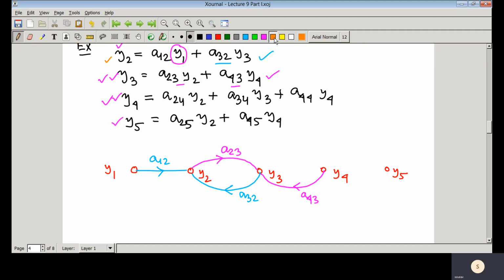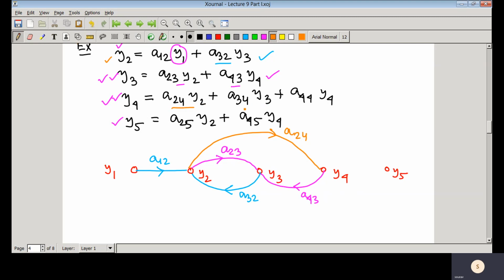The third one is Y4 equal to A24 into Y2. That means there would be a branch from here, that is A24, and so this first term is done.